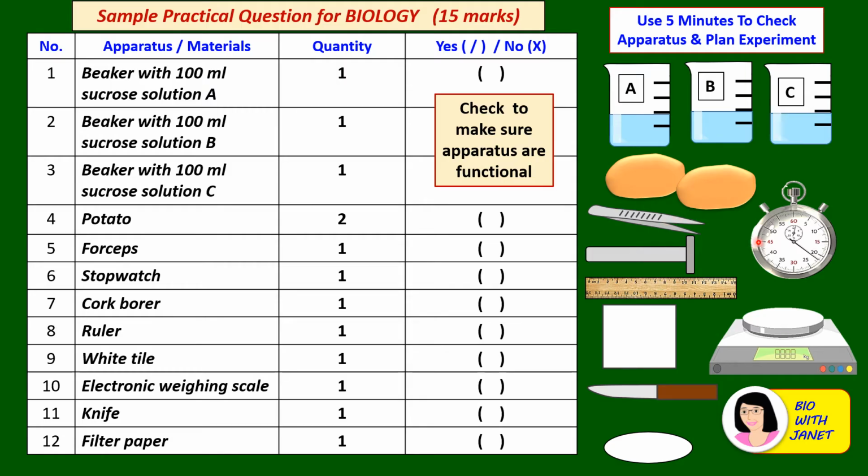Number 6, stopwatch. 7, cork borer to produce the cylindrical potato strips. Ruler, white towel, electronic weighing scale or electronic balance or digital balance, and then a knife, filter paper. So tick them off here, and then plan your experiment. You need to read the question.